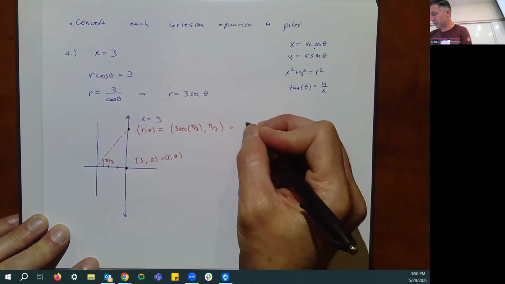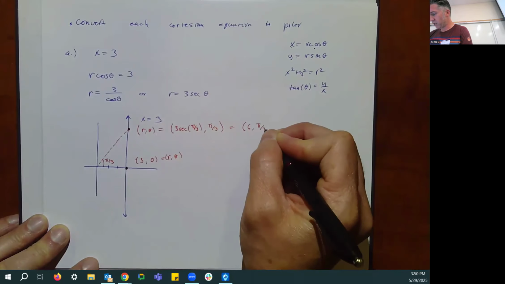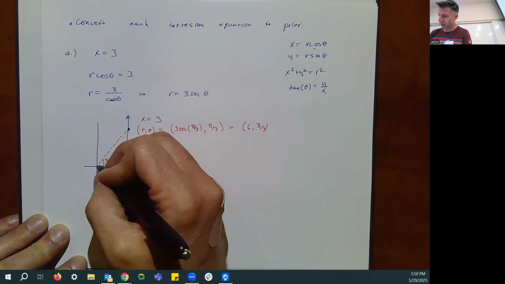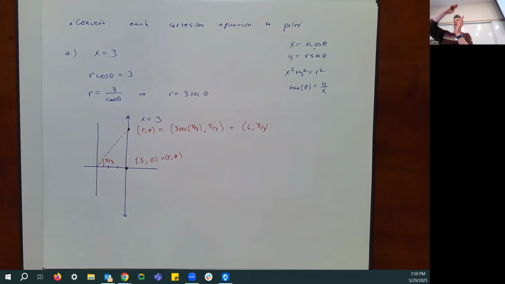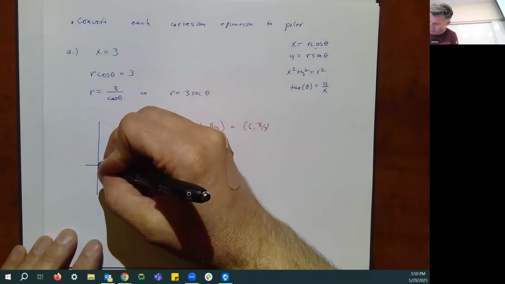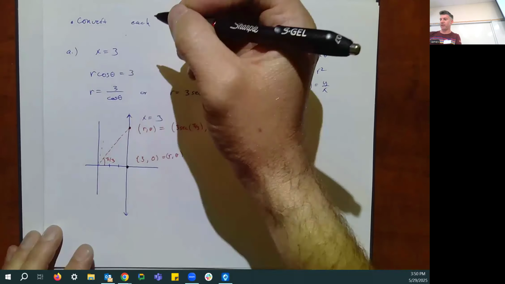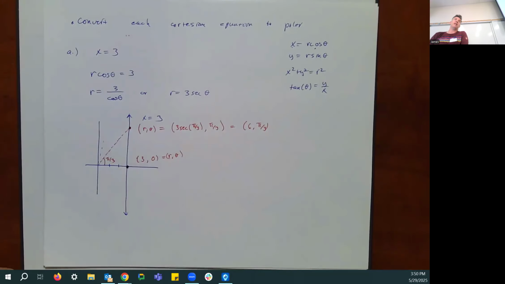That's 6 comma pi over 3. So in the pi over 3 direction, we went a length of 6. And the steeper your angle gets, the longer your secant value gets. As the angle approaches pi over 2, the value of secant gets infinitely large. So if your angle is like 89 degrees, your secant value is going to be super big, way up there. It's kind of neat. It's kind of weird.